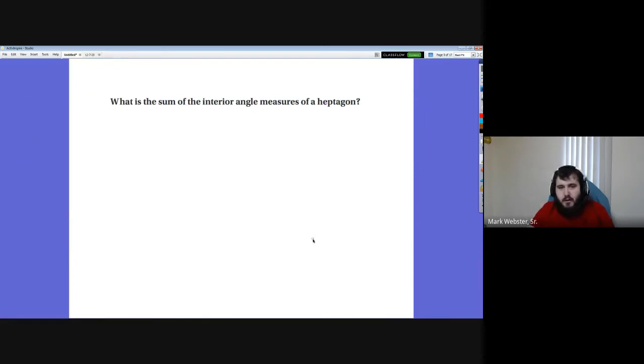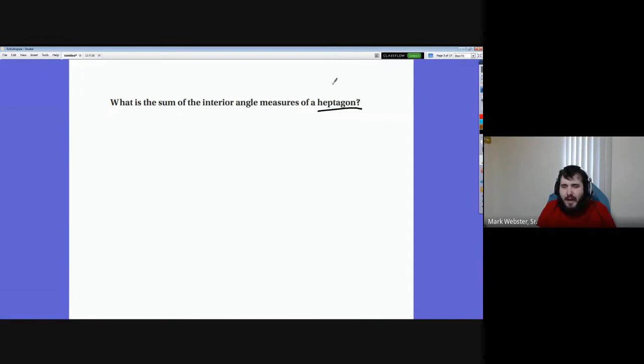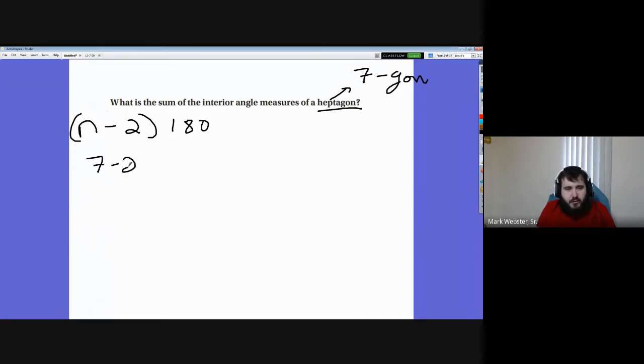All right? So here we go. What is the sum of the interior angle measures of a heptagon? Well, hepta, that's a 7-gon, right? So what am I going to do? I'm going to do 7 minus 2 times 180.